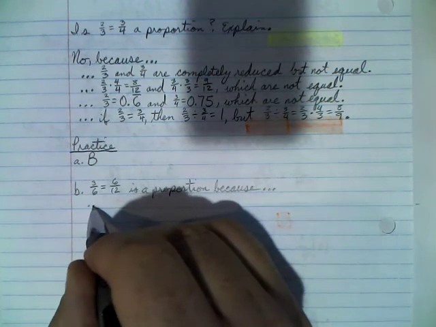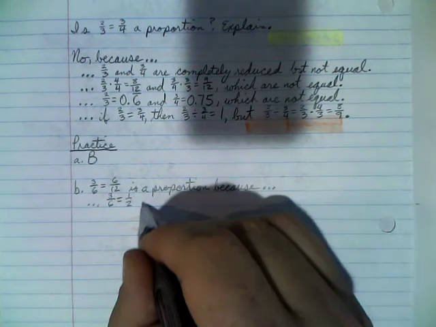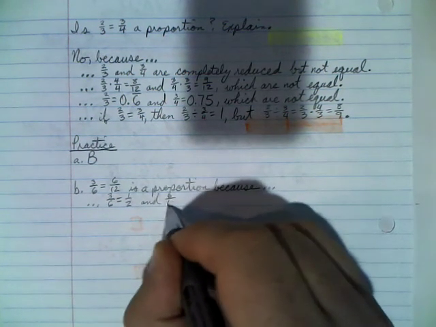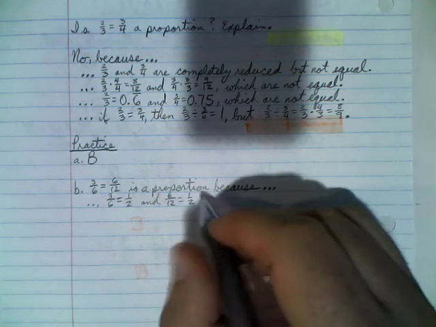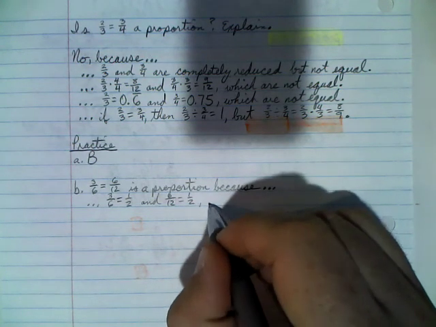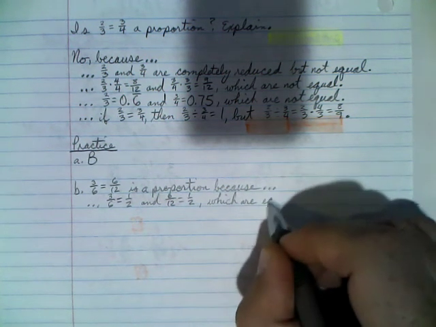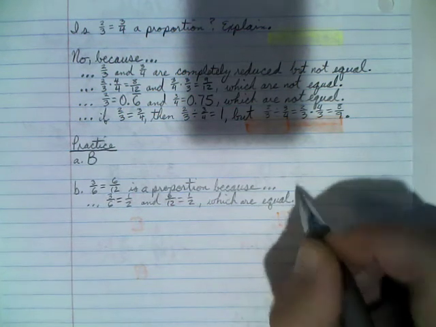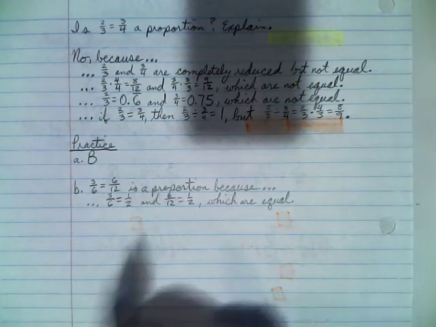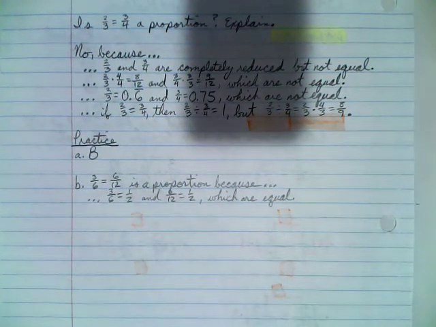One possible answer here is to say that 3/6 reduces to 1/2, and 6/12 is equal to 1/2, which are equal. 1/2 equals 1/2. And so if what they equal is the same, then they must be the same value. So that's one possible answer.